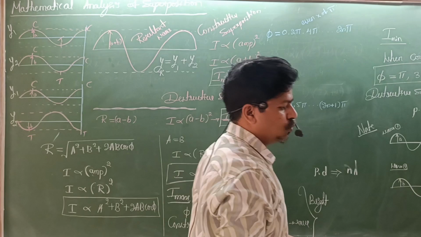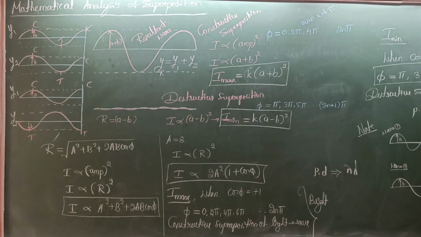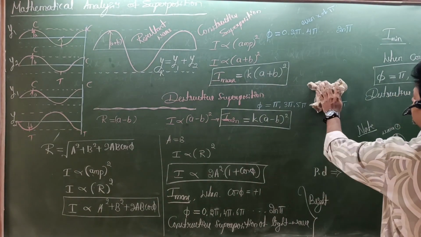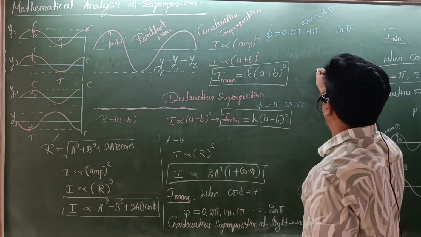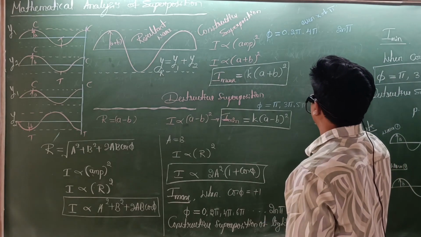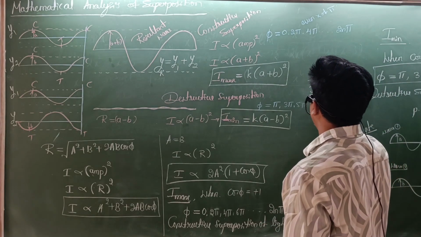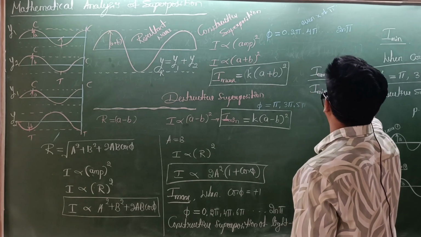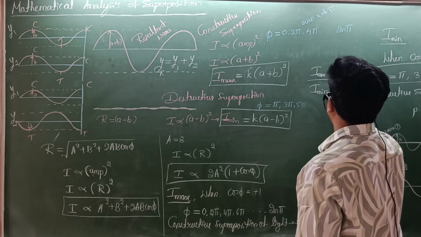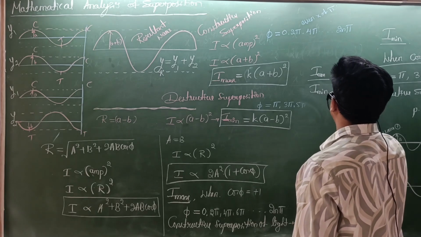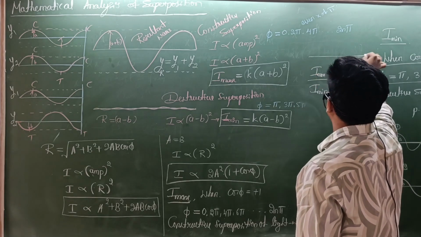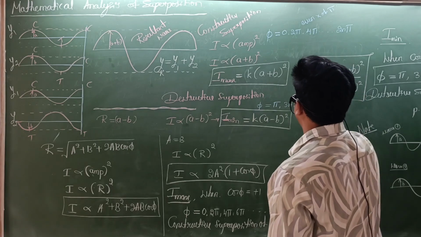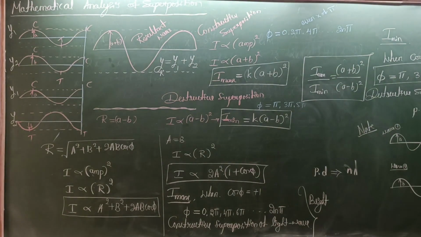If we take the ratio of these two, I max divided by I min is equal to, k gets cancelled, (a plus b) whole squared divided by (a minus b) whole squared. This is the intensity ratio of constructive and destructive superposition.